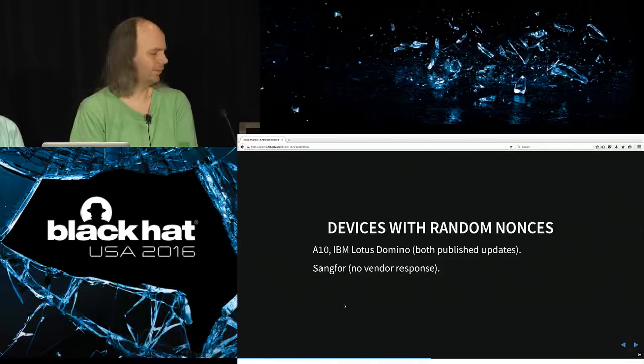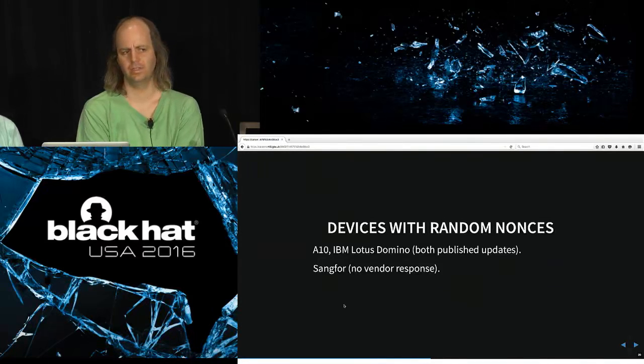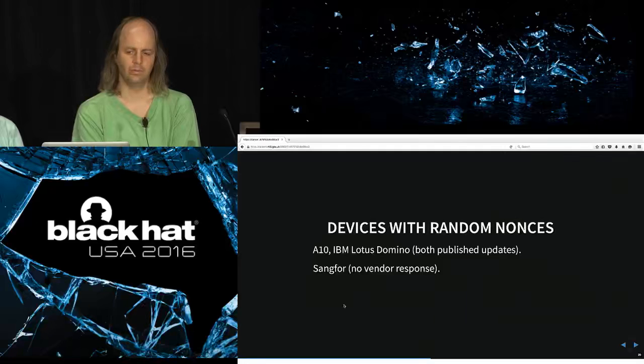Yeah, and the devices with random nonces, a lot of them came from A10, and some of them were IBM Lotus Domino, and both vendors published updates. So if you have one of these, you probably want to install an update. Also a lot of them came from a company called Sangfor. It's from China, and they seem to produce cheap DSL routers and things like that, but we got no response from them.